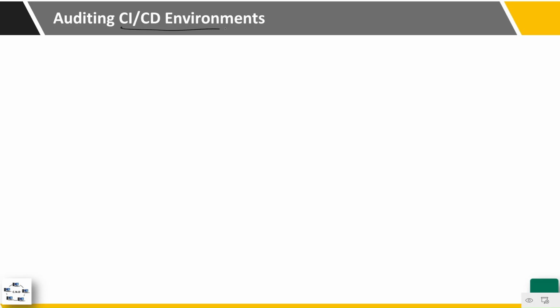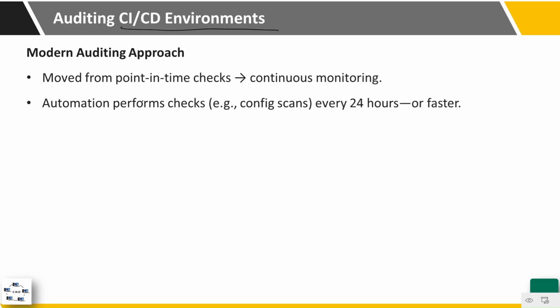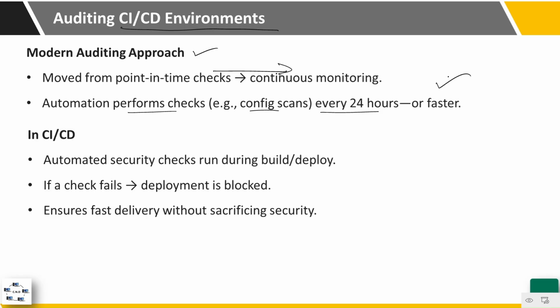Auditing the CI/CD environments. The modern auditing approach has moved from point-in-time checks to continuous monitoring. Basically, automation performs checks such as configuration scans every 24 hours or even faster as per the requirements. In CI/CD, automated security checks run during the build or deployment, and if a check fails, the deployment is blocked and logged.